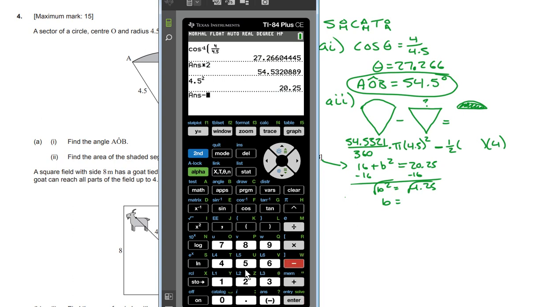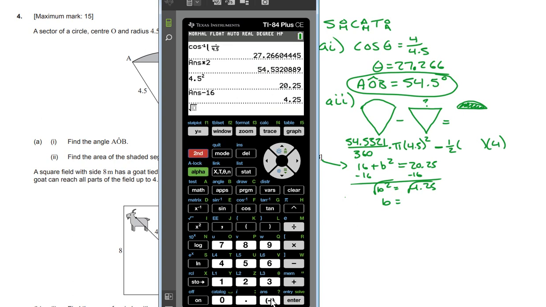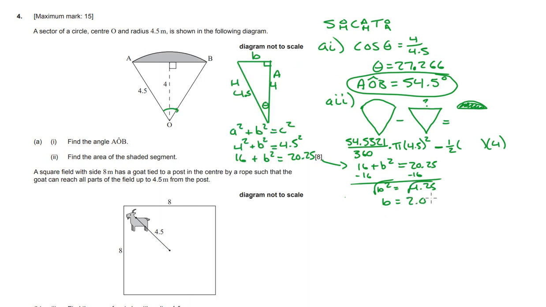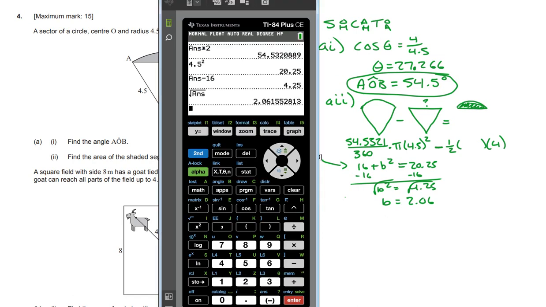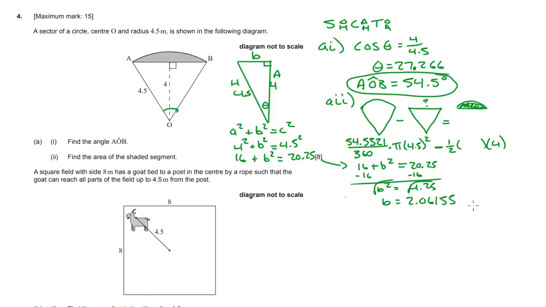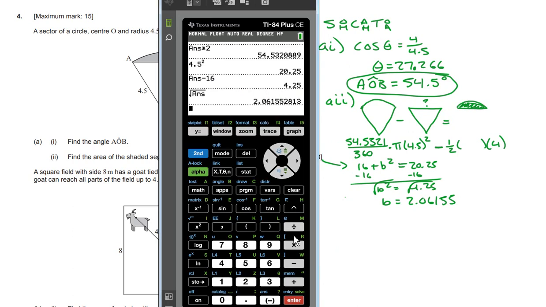So minus 16 from the 20.25, and then we've got to square root our answer, right? And we get 2.06155. 2.06155 is going to be this base right here. But again, remember, we want the whole thing, so we have to double that.